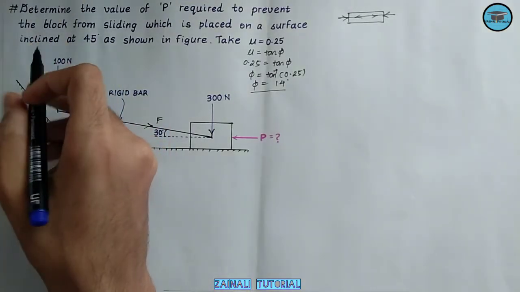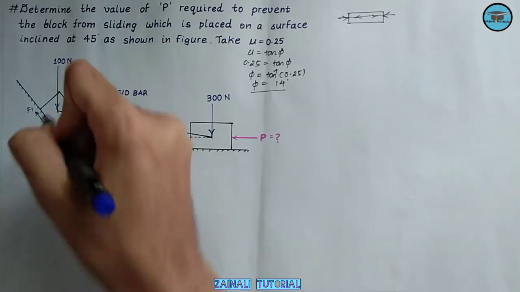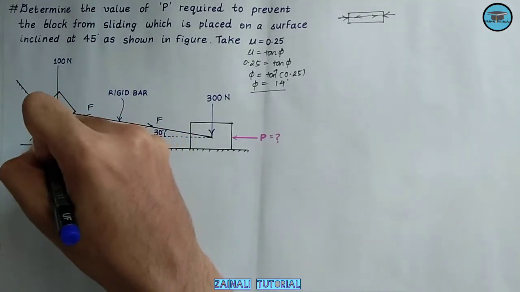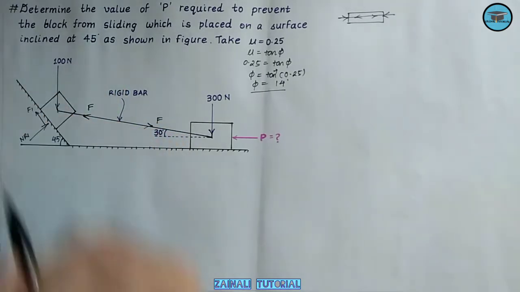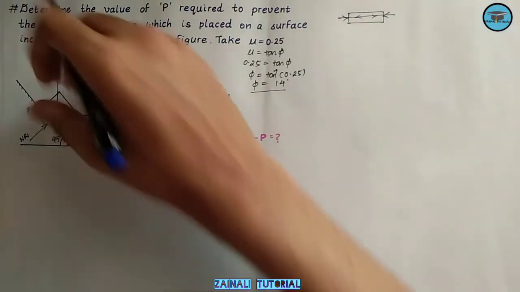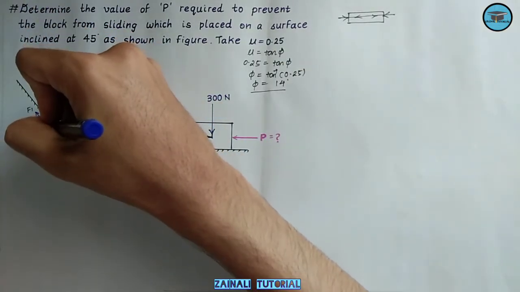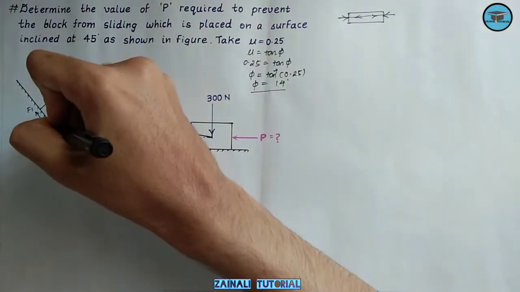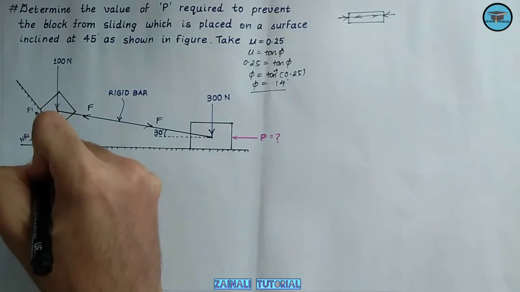Let us consider this as frictional force F1, and there would be a normal reaction acting on this block in this direction. Let us consider this as NR1. Now we are transmitting this force like this, so there will be a resultant of these two forces as R1.